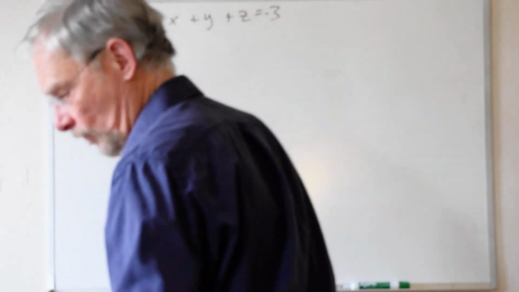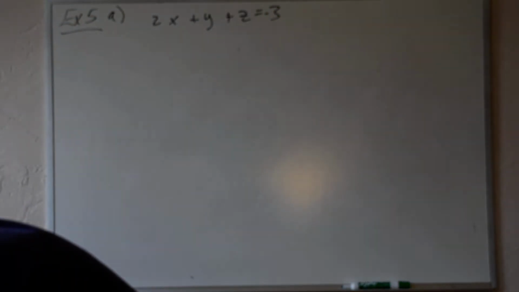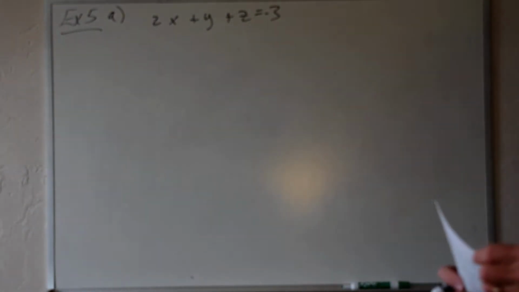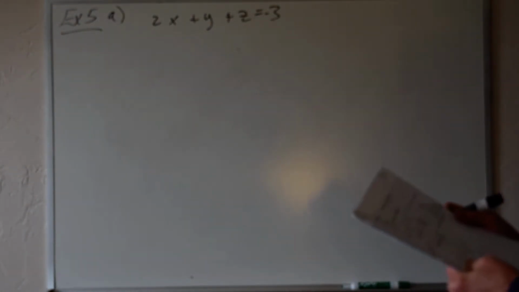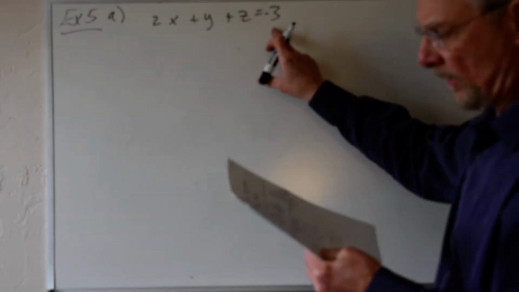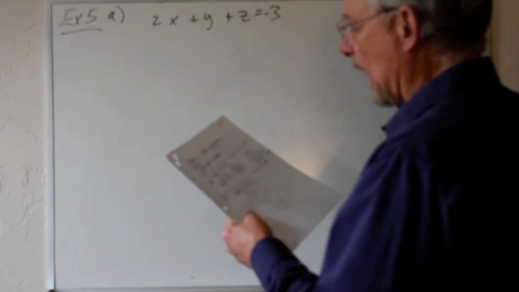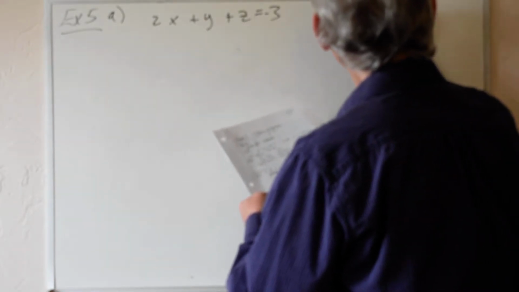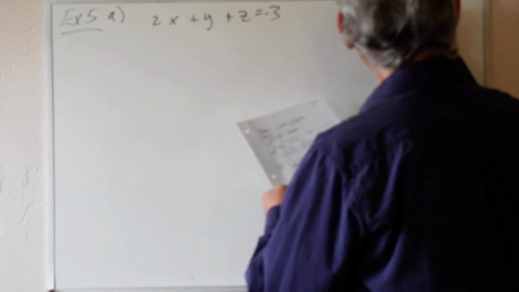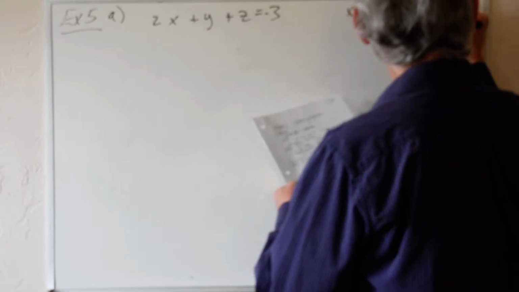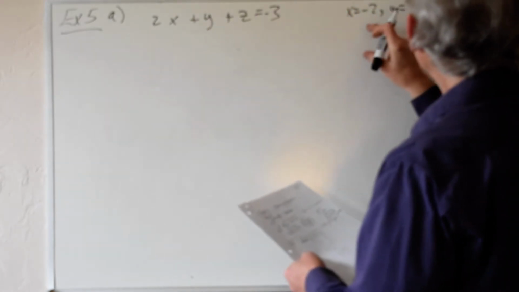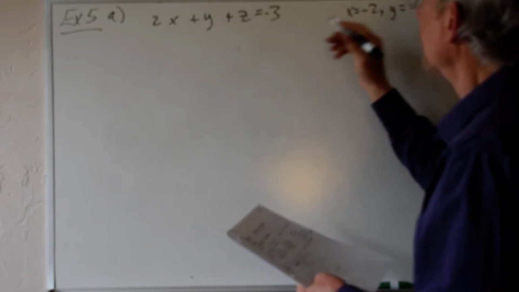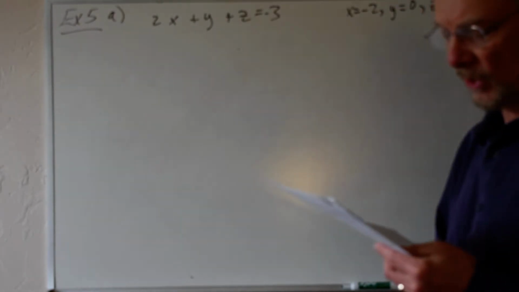I believe we're given 3. Yeah, we have a system of 3 linear equations in 3 variables. The first one is this. And the question that we're asked is: x equals -2, y equals 0, z equals 1. Is that a solution of the system of all 3 of these equations?